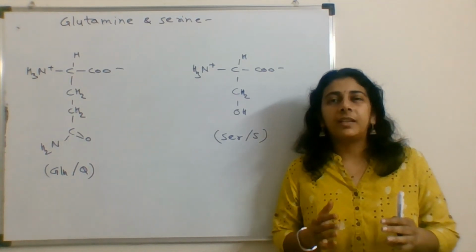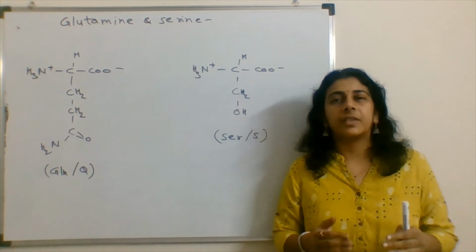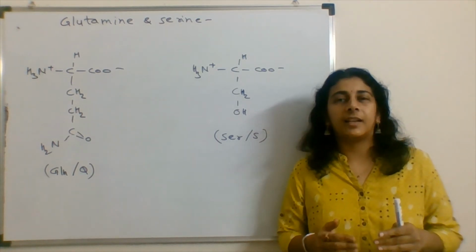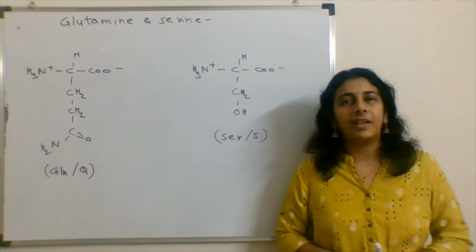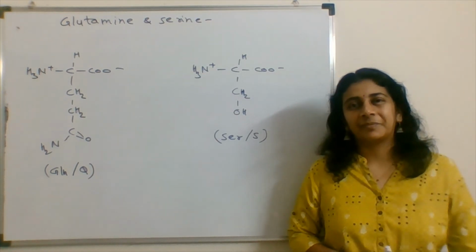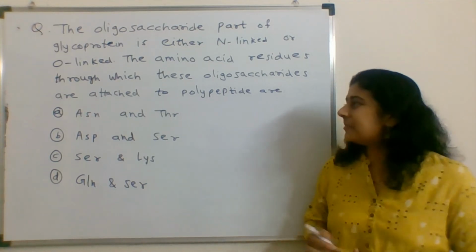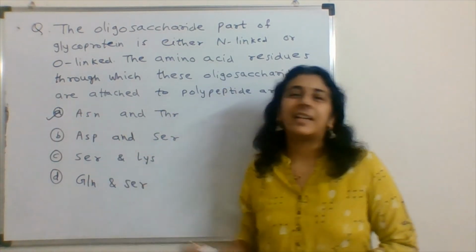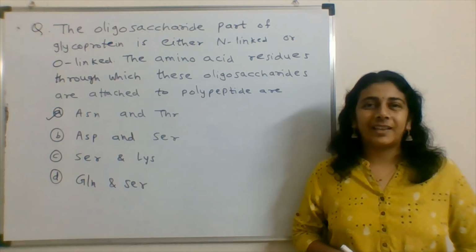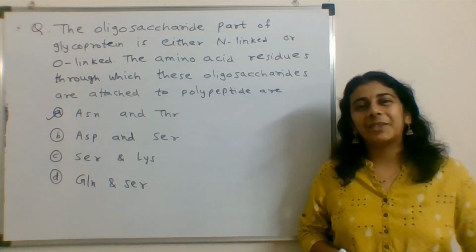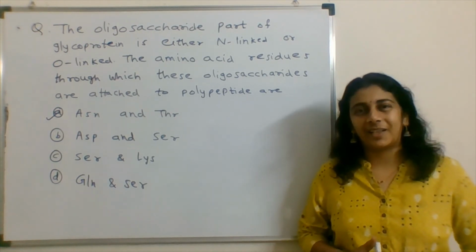So this is a fixed sequence for the N-linked glycosylation which takes place in the endoplasmic reticulum. So the answer for the question becomes option A. Asparagine is used for the N-linked glycosylation and threonine is there for O-linked glycosylation.